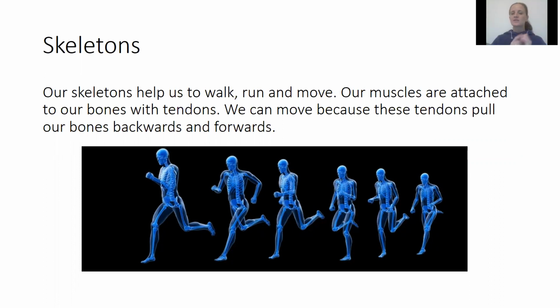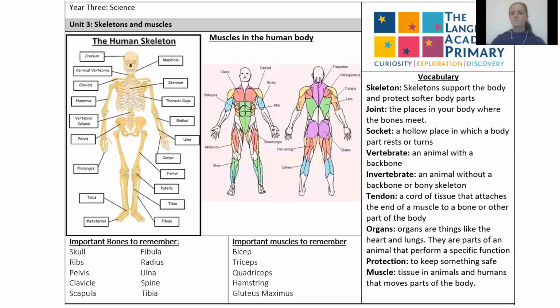So we learned that our skeletal structure is for walking, running, moving, but also protecting us and protecting specific organs in our bodies. So we're going to now go through our knowledge organizer, and I'm going to read through the important things that we need to remember this term.